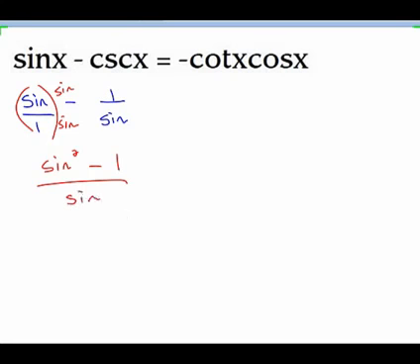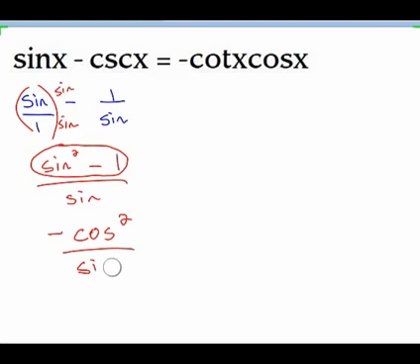And then here's where you have to be careful. Sine squared minus 1, if you take a look at your identities, this is actually going to be negative cosine squared over sine. Negative cosine squared over sine.